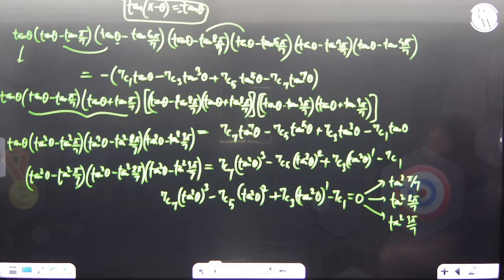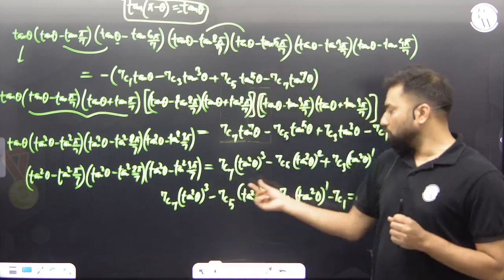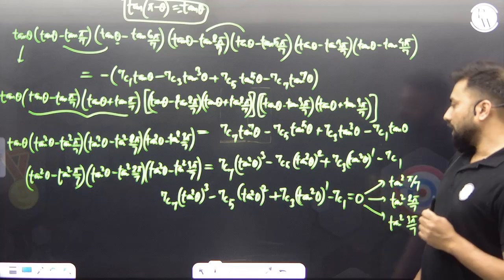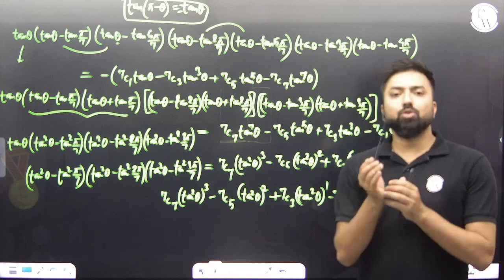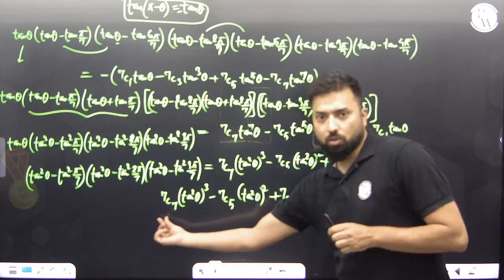I can use Vieta's rule, the sum of the roots here. I can write S1, the sum of the roots taken one at a time, as the negative of this upon this coefficient.